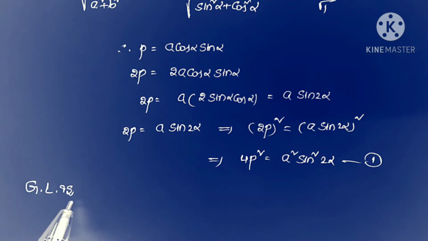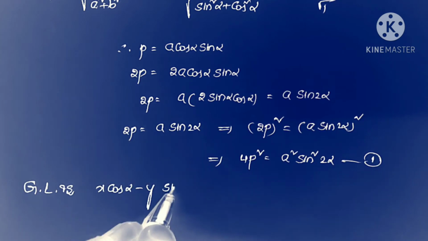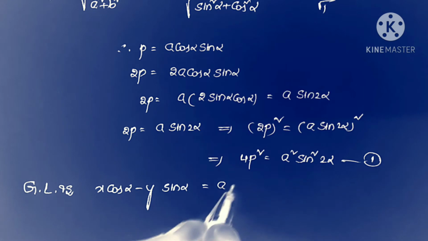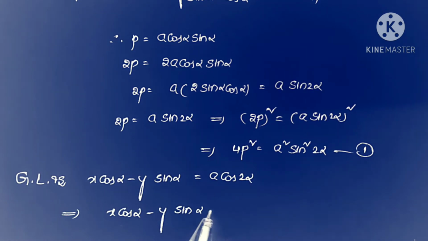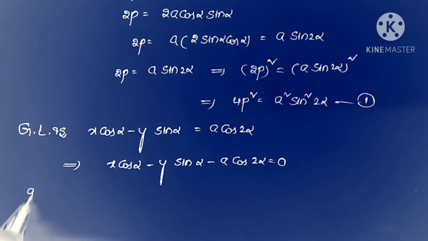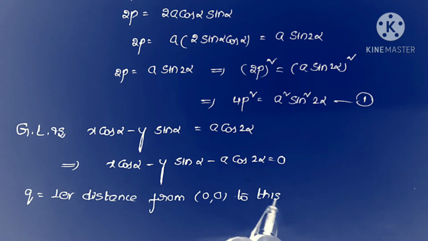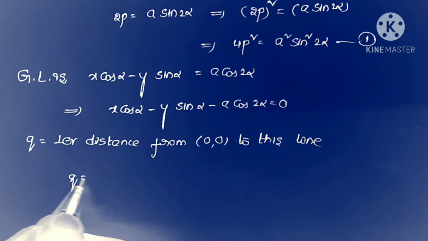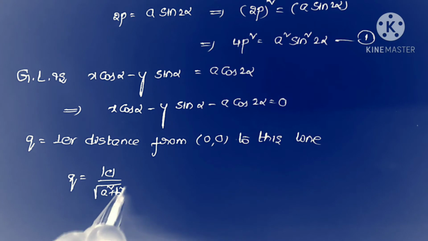Now we write the given second line. The second line is x cos alpha minus y sin alpha is equal to a cos 2 alpha, which implies x cos alpha minus y sin alpha minus a cos 2 alpha is equal to 0. Given that q is the perpendicular distance from the origin to this line, so q is equal to the perpendicular distance from the origin to this line. Again we take the same formula: q is equal to mod c by square root of a square plus b square.